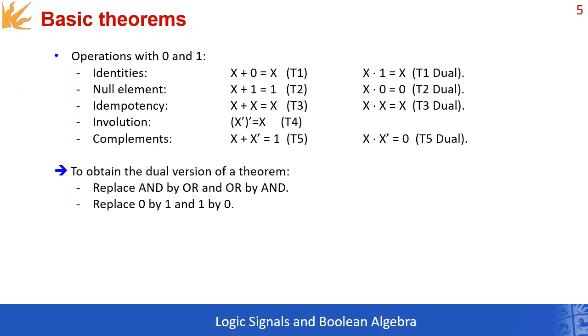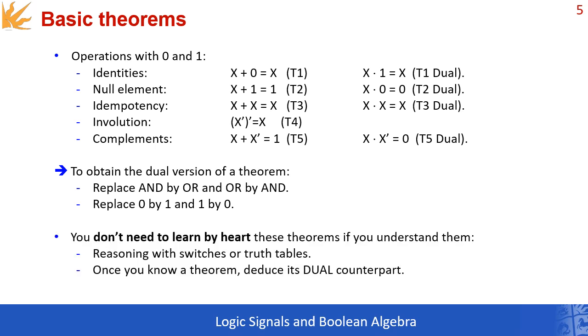So as we said, to obtain the dual version of a theorem, you just replace AND by OR and the other way around, and then you replace 0 by 1 and 1 by 0. Now, as you can see, these theorems are very basic, very easy, and there is no need for you to remember them by heart.